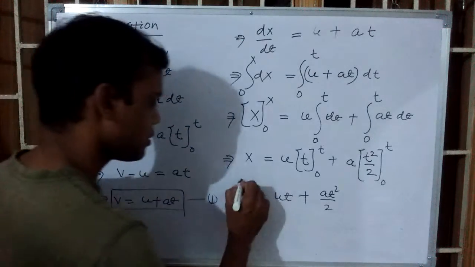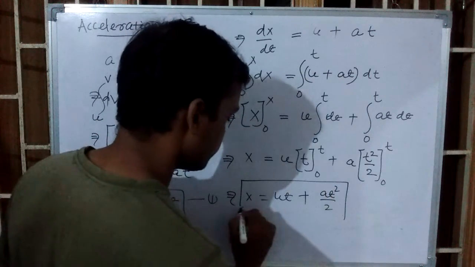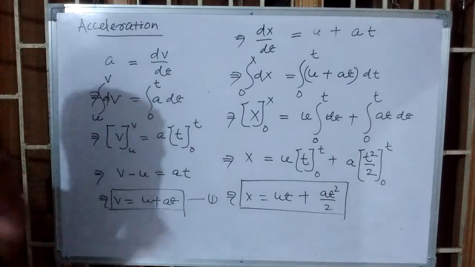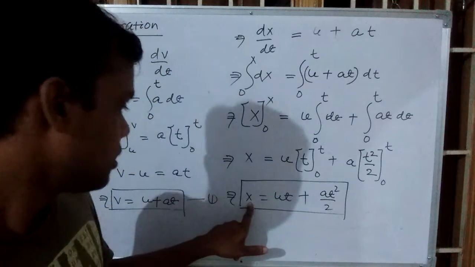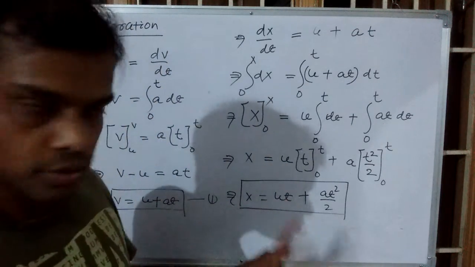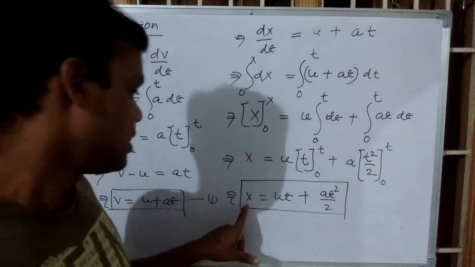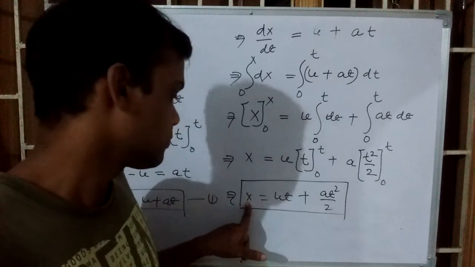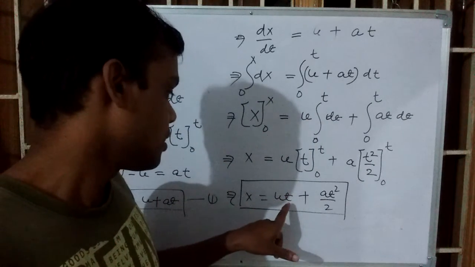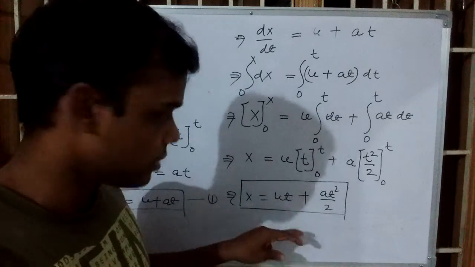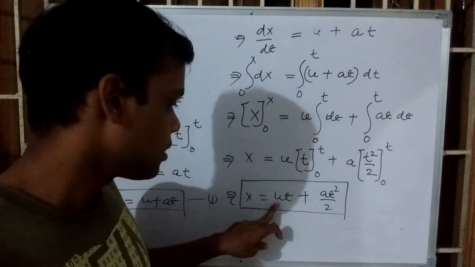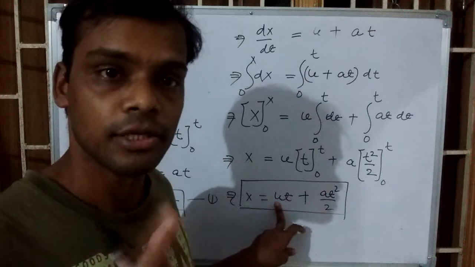Now this is the second equation, not third. What does it mean? X is the position after a time t. So we can simply say distance traveled by a body after time t with acceleration a from initial velocity u.